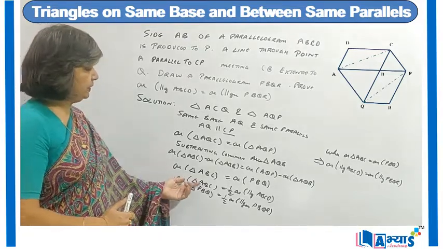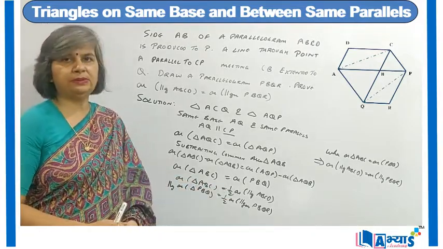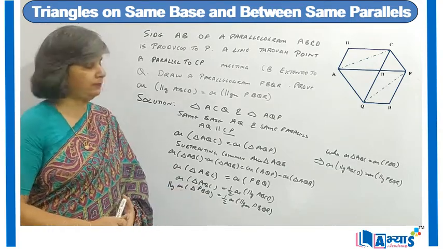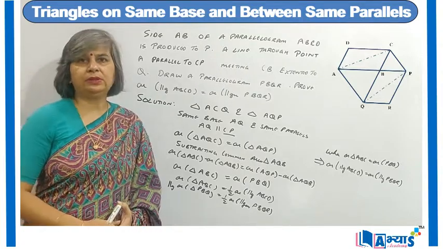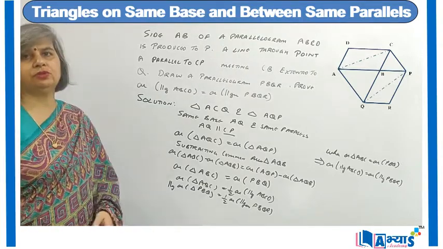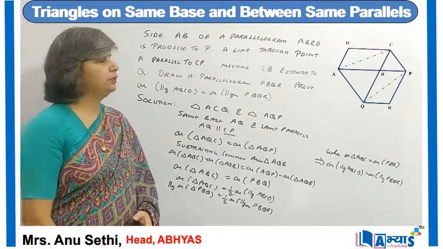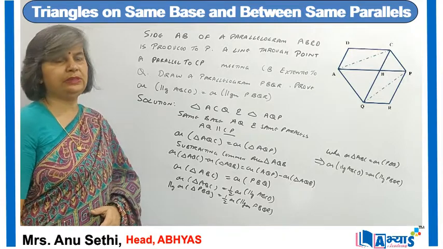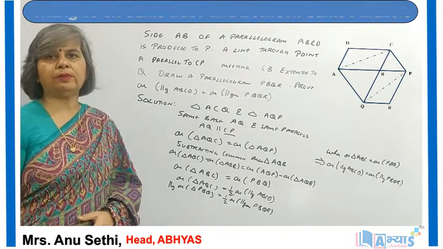So area of ABC is half of parallelogram ABCD. Similarly, area of triangle PBQ is half of parallelogram PBQR. Now when the areas of the triangles are equal, the areas of the parallelograms will also be equal. Hence we have proved, as it was asked in the question, that area of parallelogram ABCD is equal to area of parallelogram PBQR.